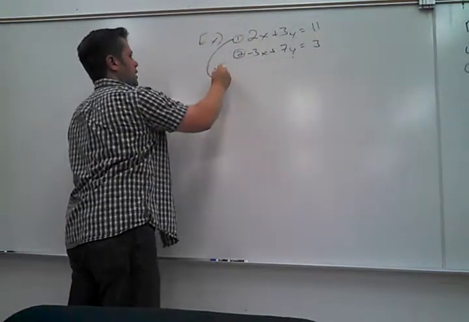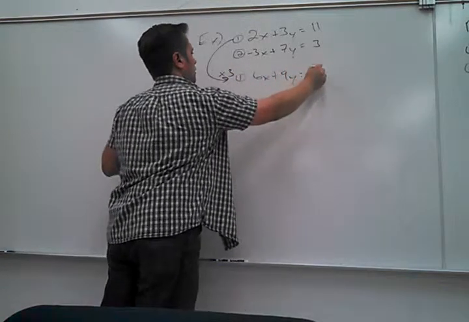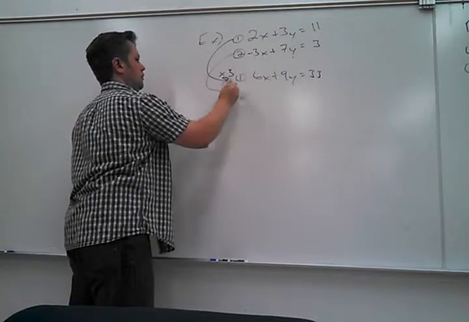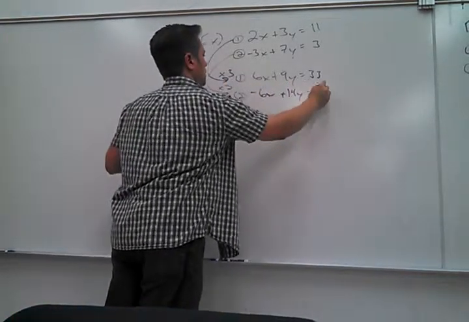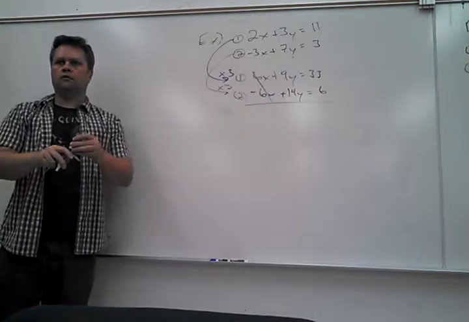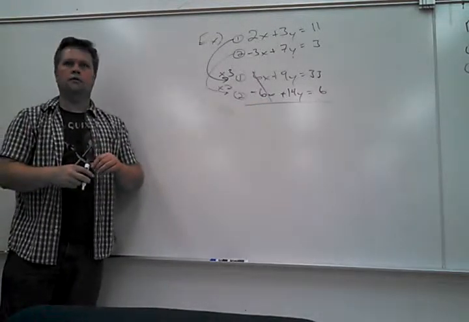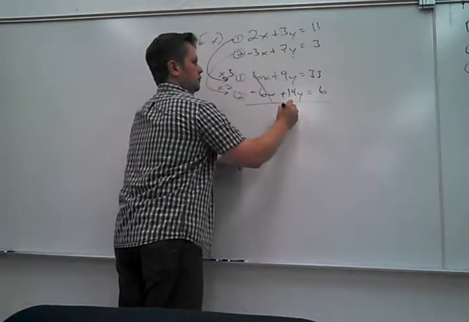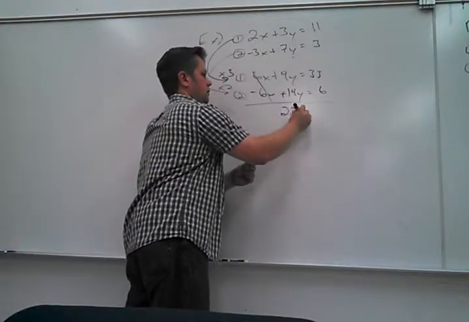So if I multiply this one by 3 and this one by 2, those go away. And then I get 23y equals 39.